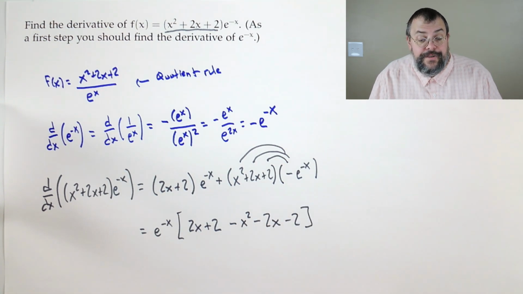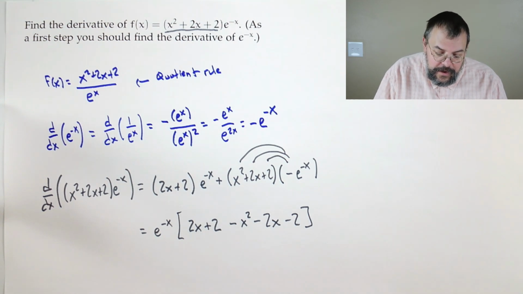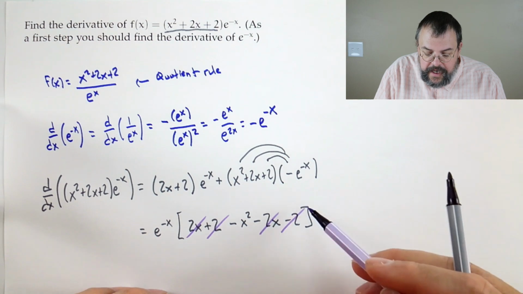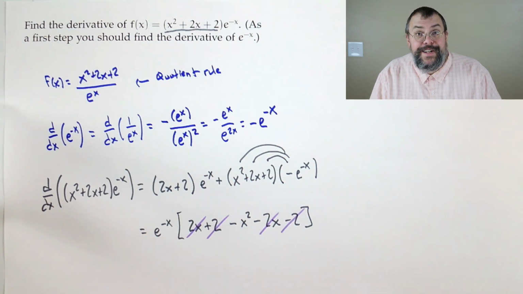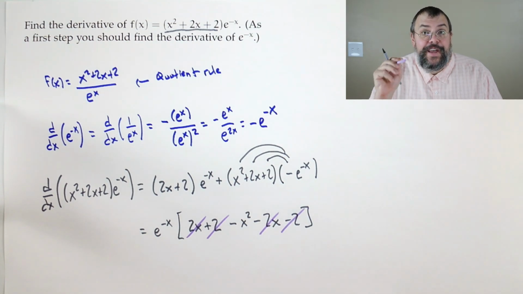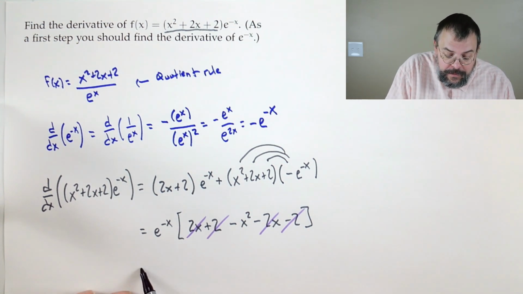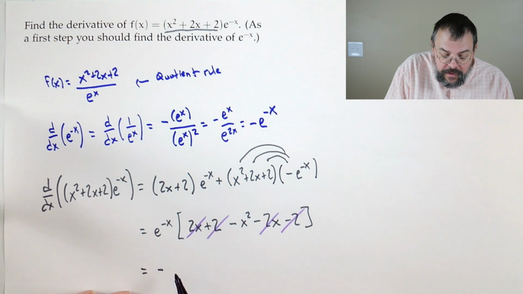And what do you notice? You've got a plus 2x and a minus 2x, a plus 2 and a minus 2. Almost as if they had planned to do that, because they had planned to do that. So what do we get? Well, we're left with minus x squared e to the minus x.